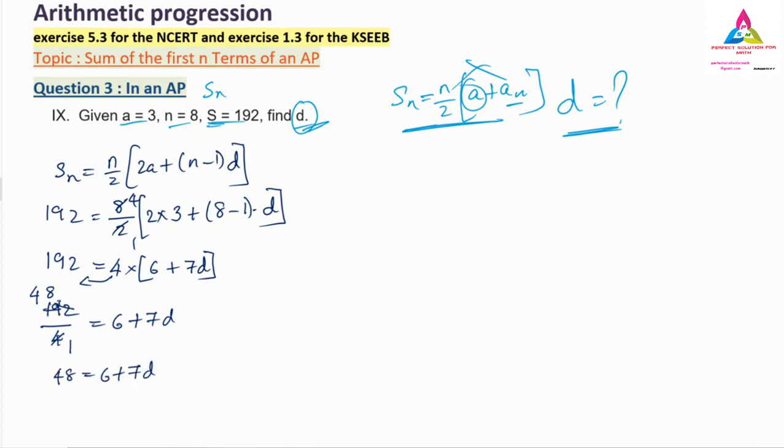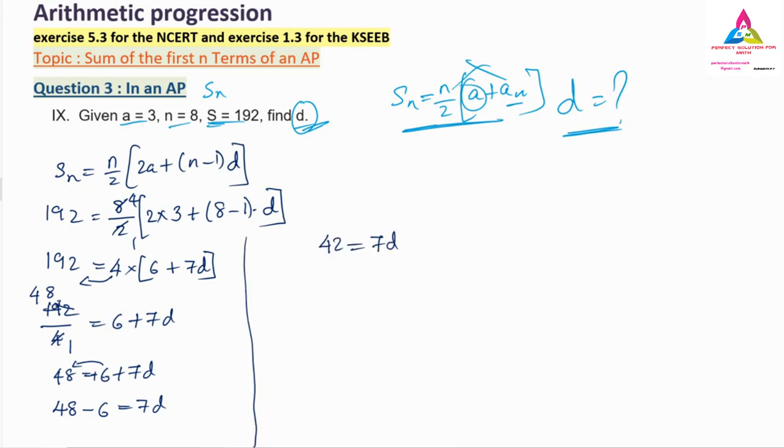Now the 6, we have to shift to the other side. Here we have plus 6. So 48 turns into 48 minus 6, that is equal to 7d. So 48 minus 6 is nothing but 42, that is equal to 7d. So now 42 is equal to 7d.